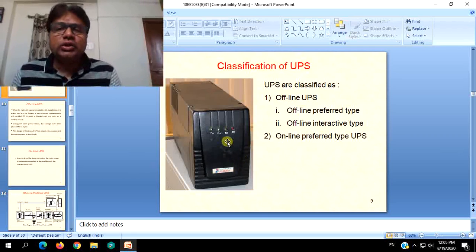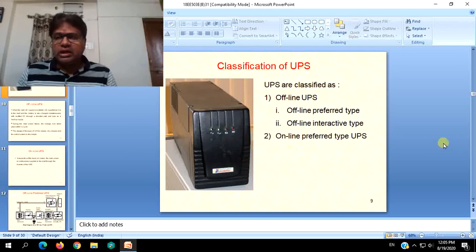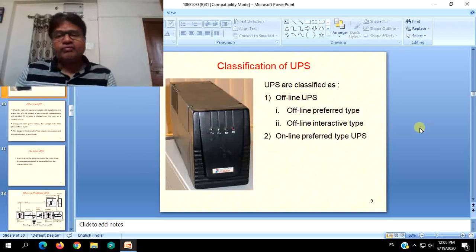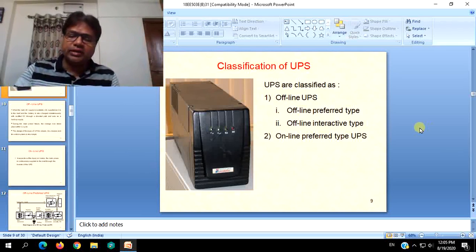Nothing but a UPS, or uninterrupted power supply, and they come with their own ratings like 650 VA, 800 VA, 1 kVA, 1.1 kVA, 1.5 kVA, depending on the load which you want to drive. The rating of these UPS can also be increased by increasing the rating of the battery backup.